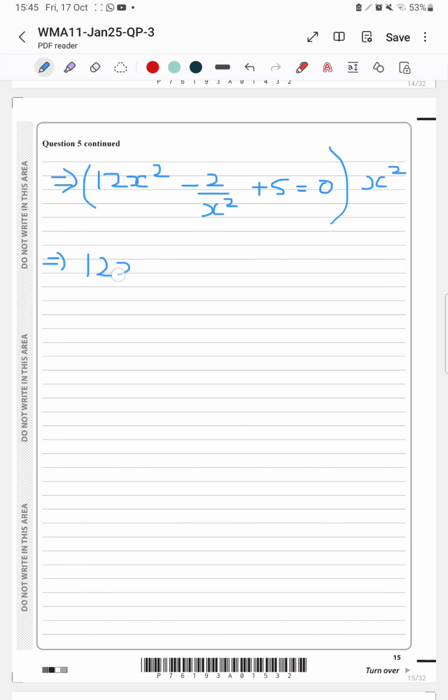This will be 12x to the power of 4 minus 2 plus 5x squared is equal to 0. Or if I write it in the proper order of the powers, it is 12x to the power of 4 plus 5x squared minus 2 equal to 0. So this is what we have to prove in this question.